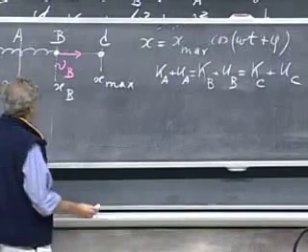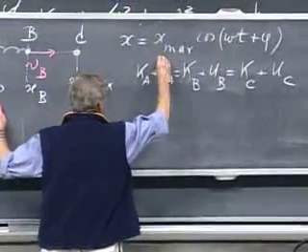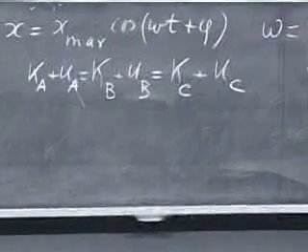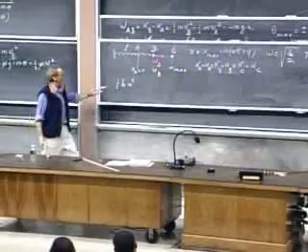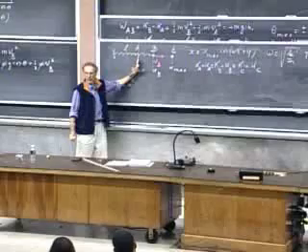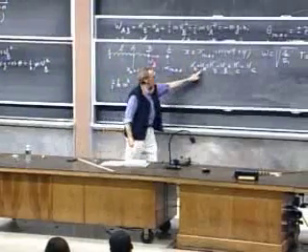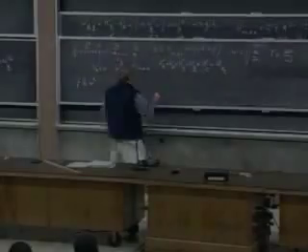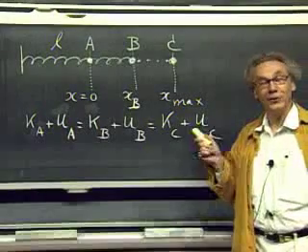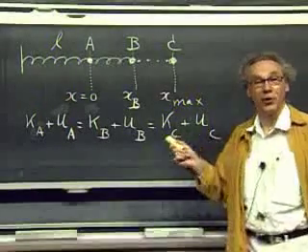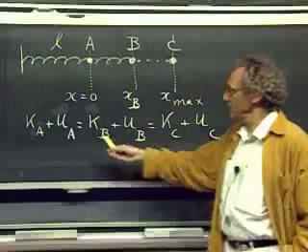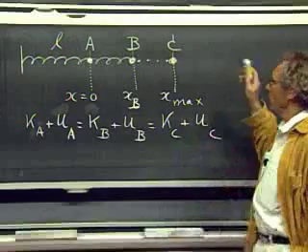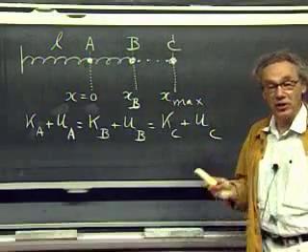Well, the potential energy at A is 0, because remember, the potential energy of a spring is 1/2 kx squared, if x is the displacement from its relaxed position. So this is 0. When it comes to a halt here, this is 0. When I watched this lecture, I noticed a slip of the tongue. Clearly, the potential energy at A is 0. That's fine. But at C, the object is standing still.